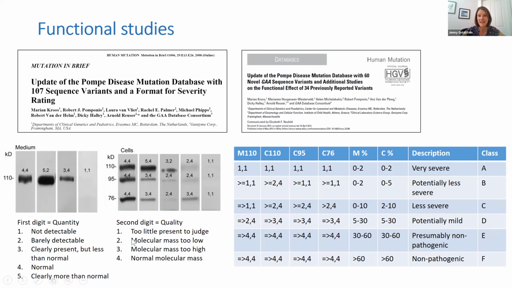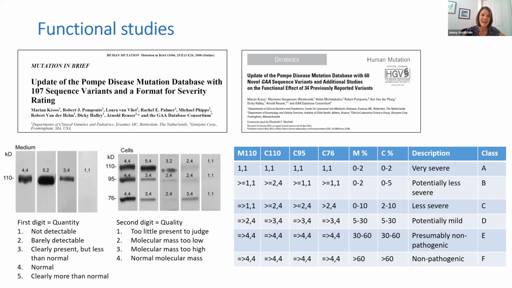So how it's synthesized and processed. So they developed the sort of point system, and then they came up with this classification with anything from A to D as affecting the function of the protein, and then E and F are presumably non-pathogenic or known non-pathogenic. So it is an in vitro system, may not be perfect, but these are the results that they had published.